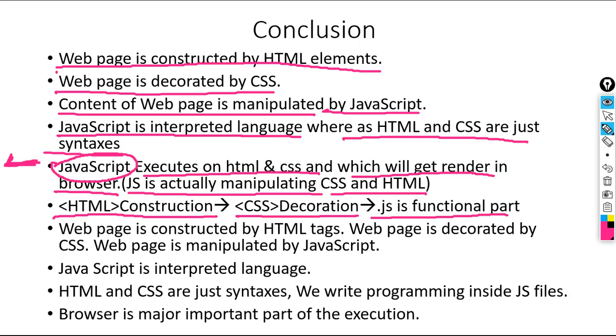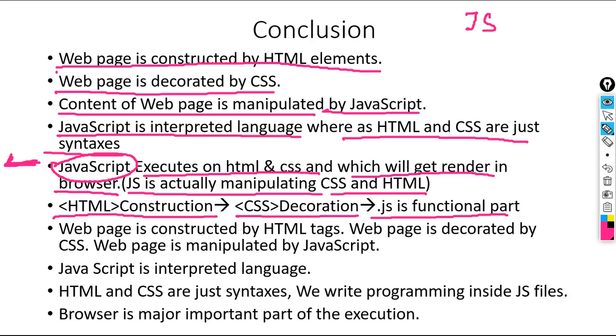So what is the meaning of JavaScript executes on HTML and CSS? It simply means that JavaScript is actually manipulating CSS and HTML, and that will get rendered in the browser. Let me repeat this point once again, because this is a very important point.